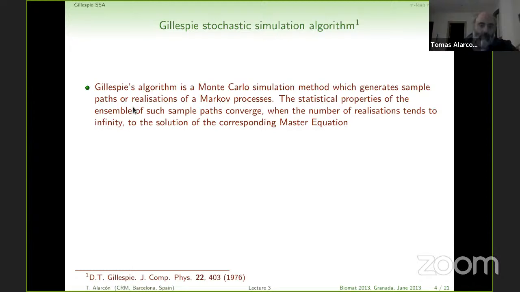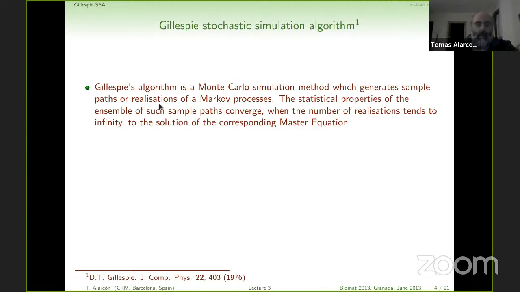Basically, this algorithm, and the one that I'm going to tell you about later, the tau-leap method, generate sample paths or realizations of the Markov process.